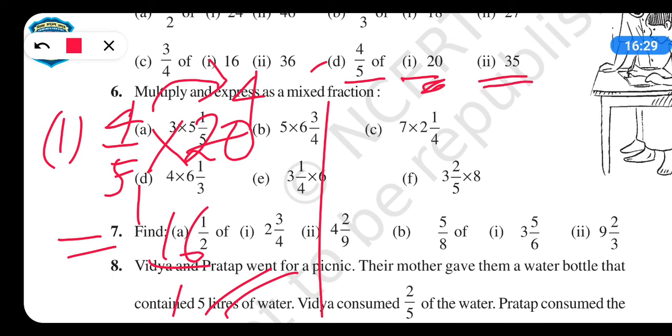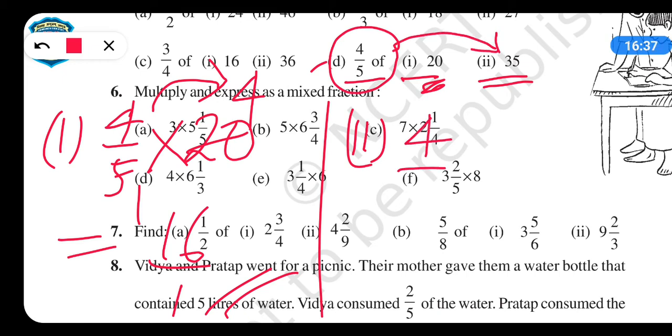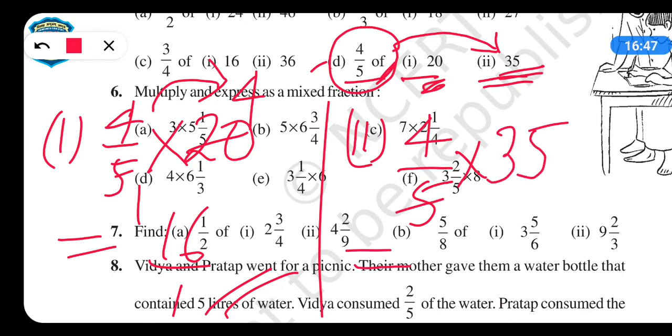Second part is again 4 upon 5 of 35. So you have to write 4 upon 5 of means multiply 35. Solve it. 5 1 ja 5 and 5 7 ja 35.